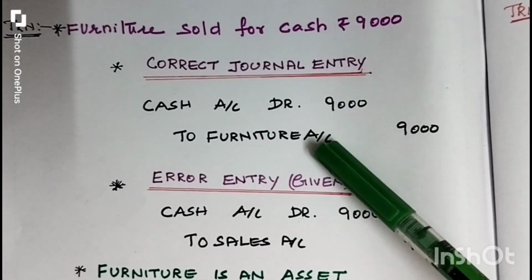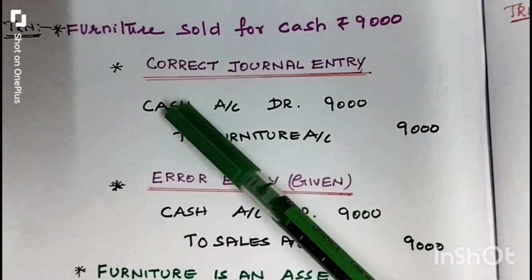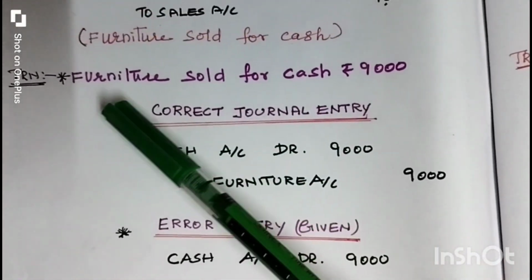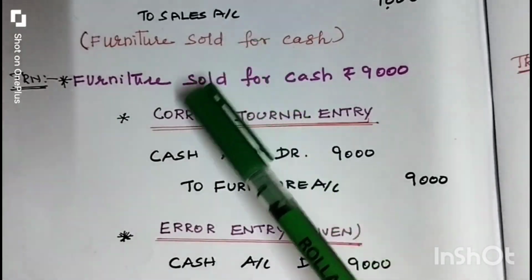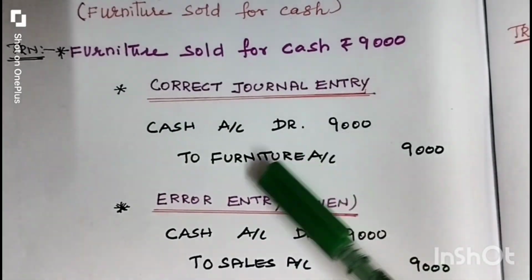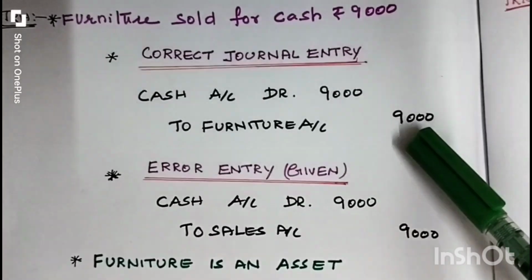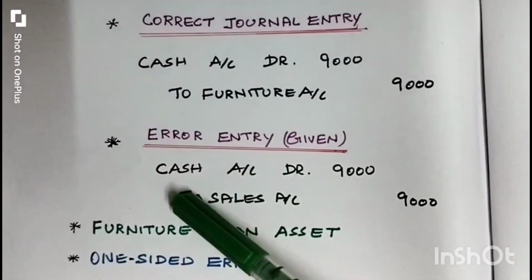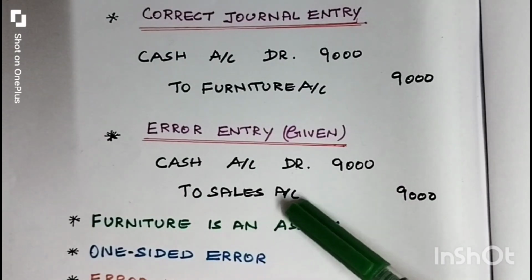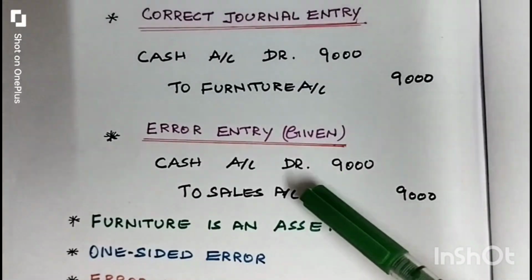So the correct journal entry for this narration is cash account debit 9,000 rupees to furniture account 9,000. What error entry did they give? Cash account debit 9,000 rupees to sales account 9,000.